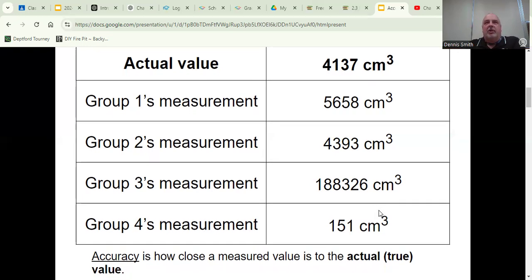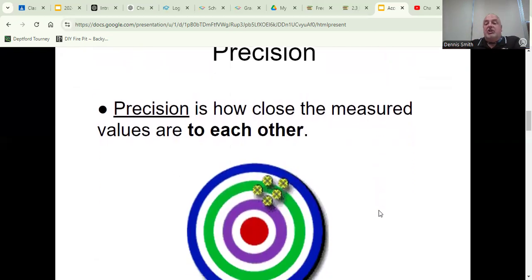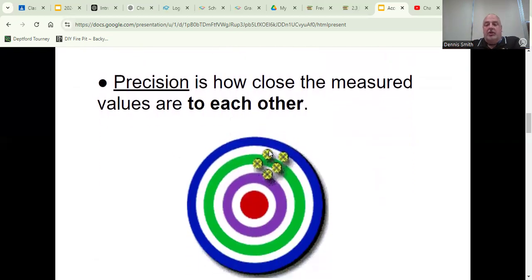Okay. Now, precision, on the other hand, is how close the measured values are to each other. It doesn't have anything to do with accuracy. It has more to do with what the numbers are together as a group. If they're very bunched together, that is going to mean that they are precise. It doesn't necessarily mean that they're accurate.